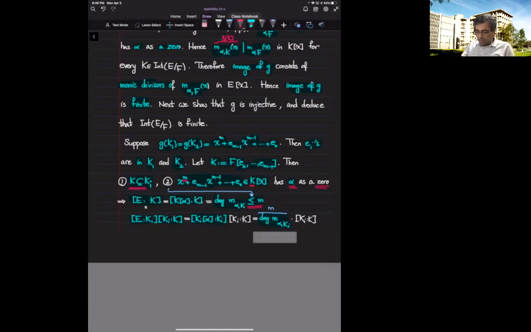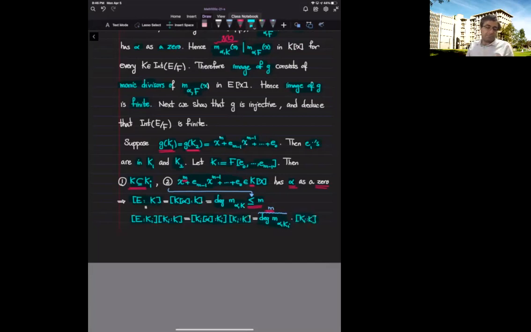But that we know to be these polynomials, therefore the degree would be m. So the first factor is going to be m. The second factor is, of course, an integer that's at least 1, a positive integer. That means that this product is at least m.